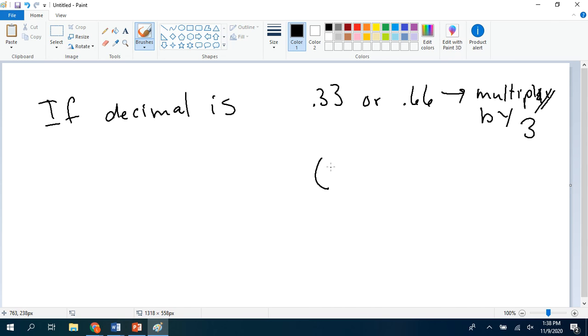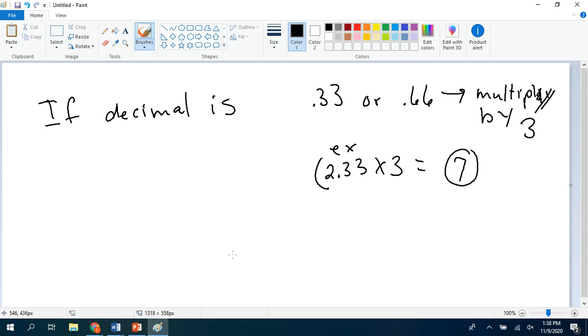For your example, 2.33, if that was the number that it came out to be, you would multiply it times 3, and it would get you 7. That would be your whole number, 7. This is your example, okay?